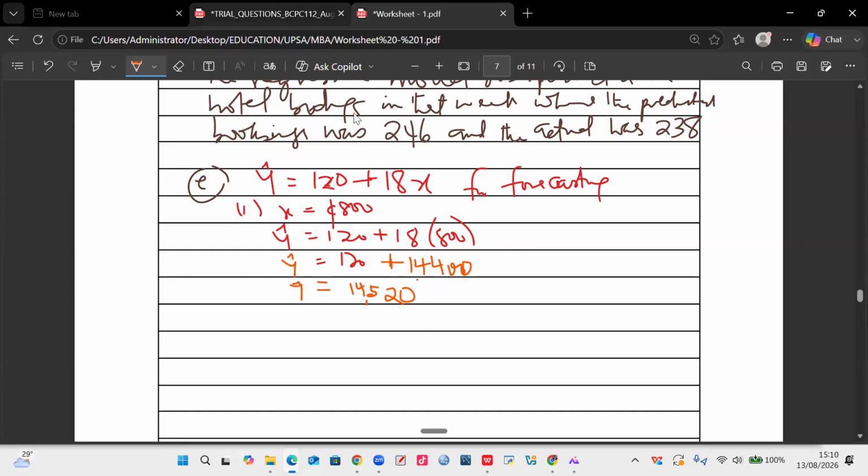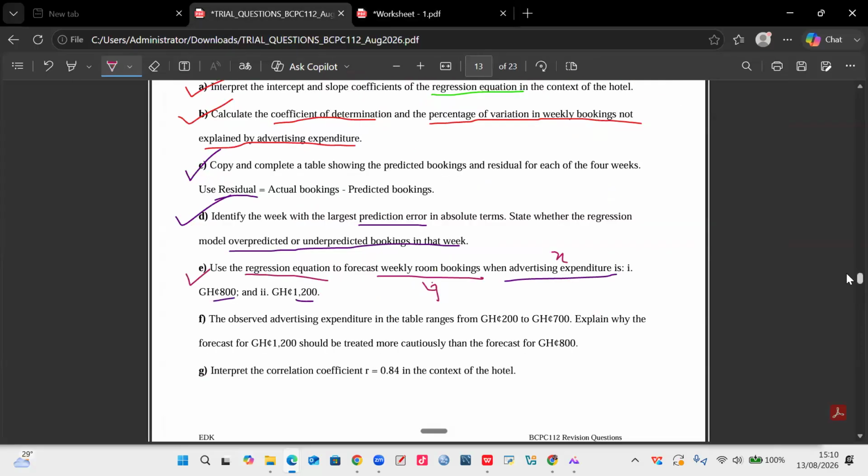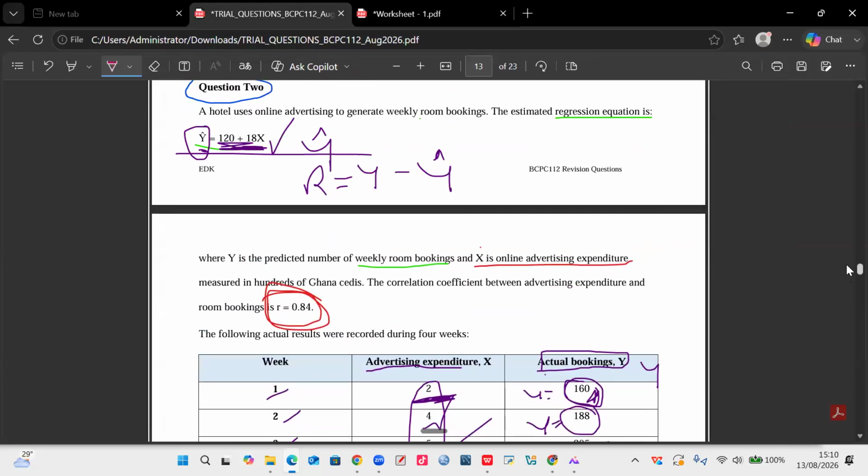But look at what the question says. X is online advertising expenditure measured in hundreds of Ghana cedis.